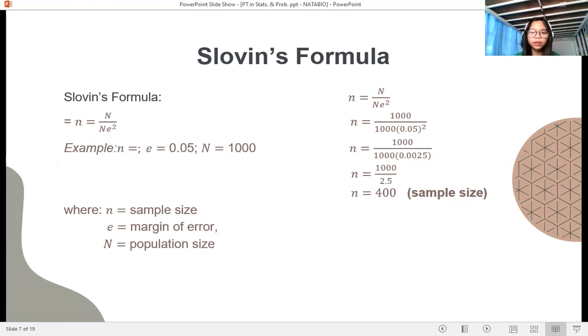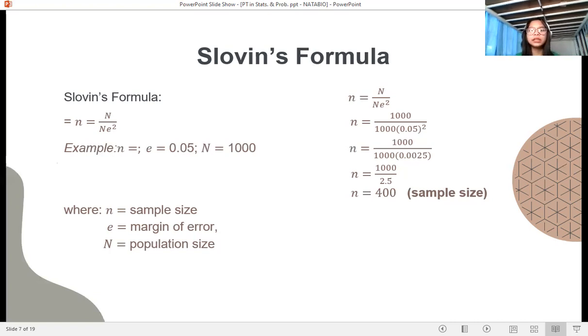So we have n equals 1,000 divided by 1 plus 1,000 times 0.05 squared. We first solve the exponent. So 0.05 times 0.05, because it is squared, is equal to 0.0025.